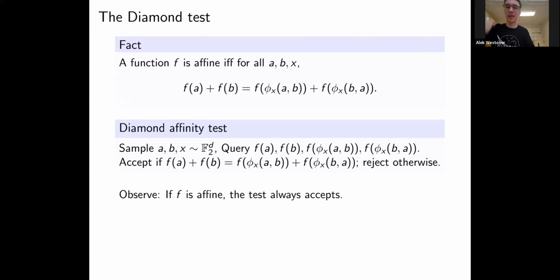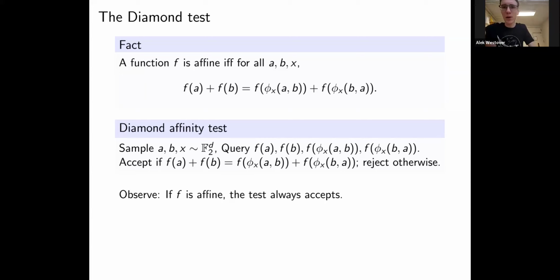One nice initial sanity check is this fact up here, which says if f is actually an affine function, then this equation will always be satisfied, and if this equation is always satisfied, then f is affine.